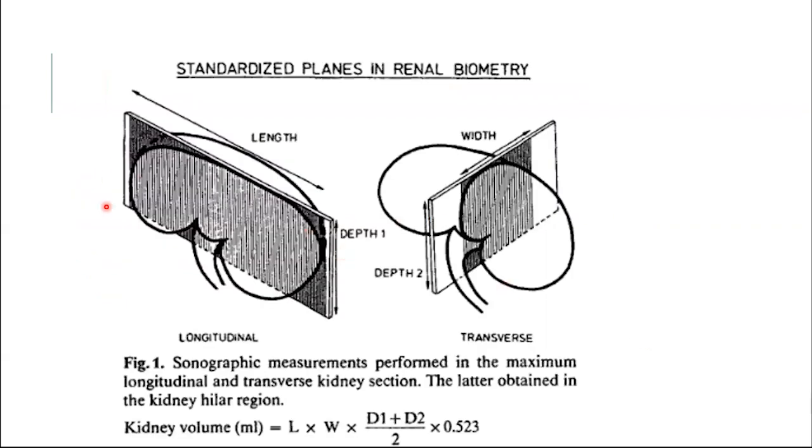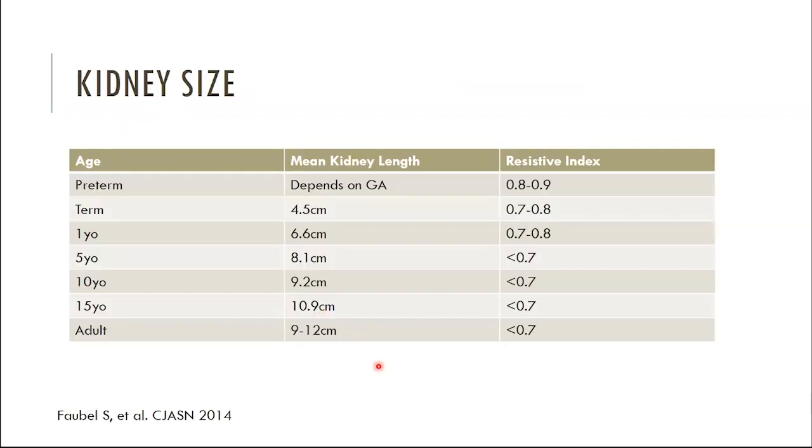So here's just a different picture of looking at the size of the kidney. You're trying to get the longitudinal view, just the maximum view you can get to give you the longest length there. There's a few different equations and estimates out there about what is a normal length for a kidney. I tend to think of an adult kidney as 10 to 12 centimeters. A baby kidney is the same as their gestational age.